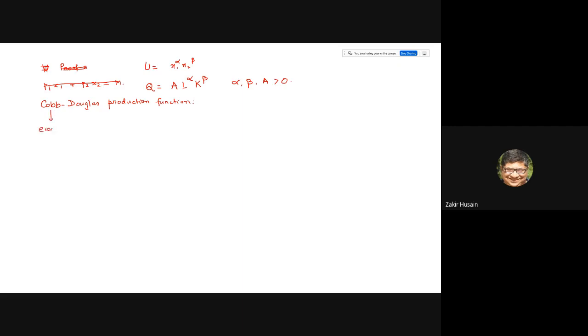Okay. And he was working with some production functions. And he wanted to find out a production function which would satisfy certain conditions.